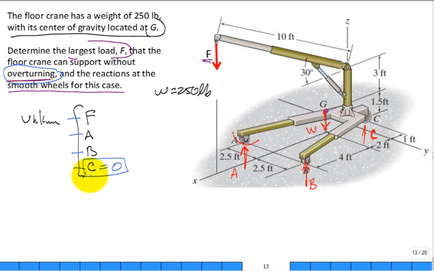I don't know how to explain it other than the way I just tried to explain it. Because it's a smooth surface, a roller, it's not like a ball and socket. It can't be held down. The wheel can lift off of the floor, and that's what'll happen when it tips. And so right at the point of tipping, C, the force, is equal to 0. Now you can solve for the problem, I bet.